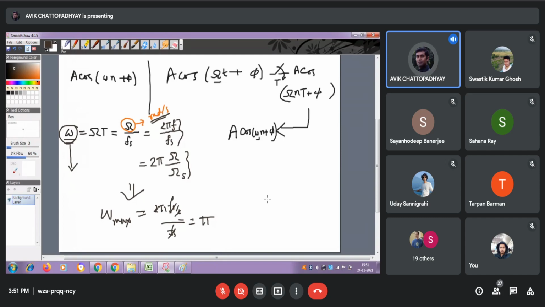In the analog domain, we can go for any frequency, any value you can achieve. But in digital, what is actually imposing the limit is fs, the sampling frequency, the sampling rate. That's why I mentioned we cannot go beyond half the sampling frequency as per the Nyquist criterion.